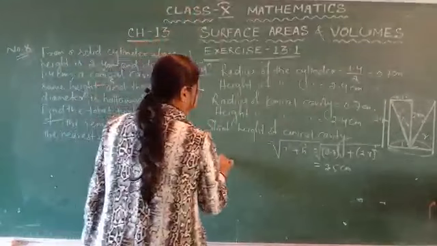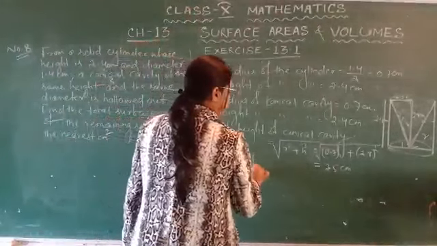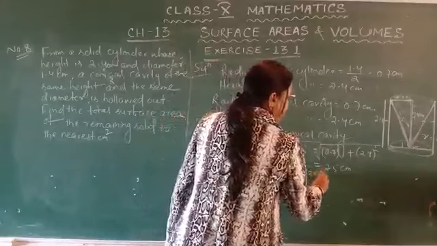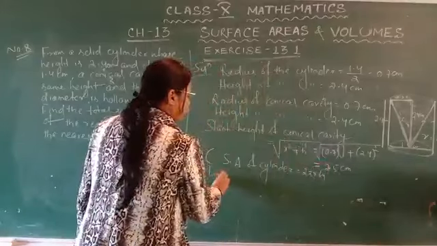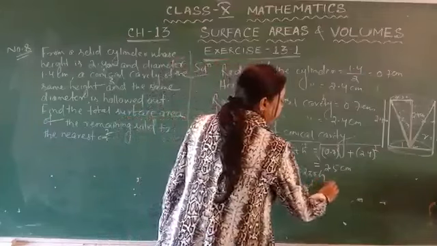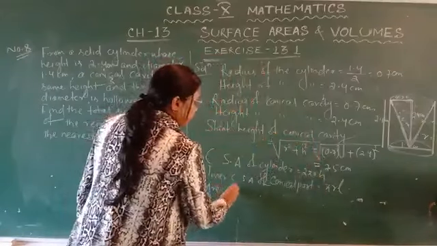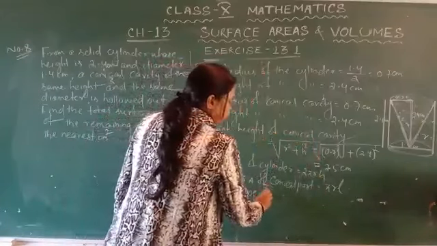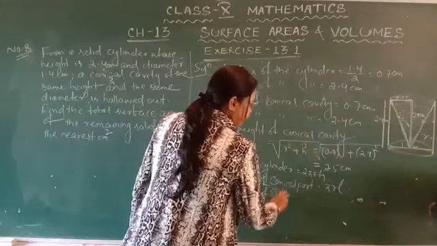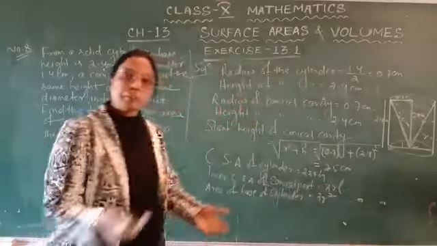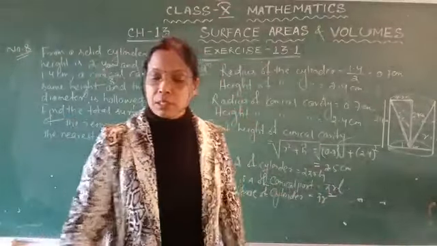Curved surface area of a cylinder is equal to 2 pi r h, inner curved surface area of a conical part is pi r l, and the area of the base of the cylinder is pi r square, because the base is in circular shape.